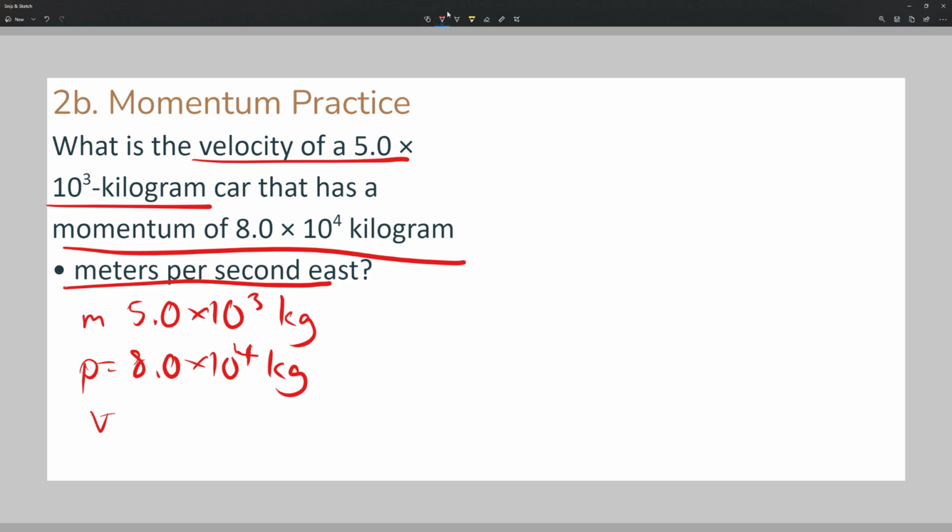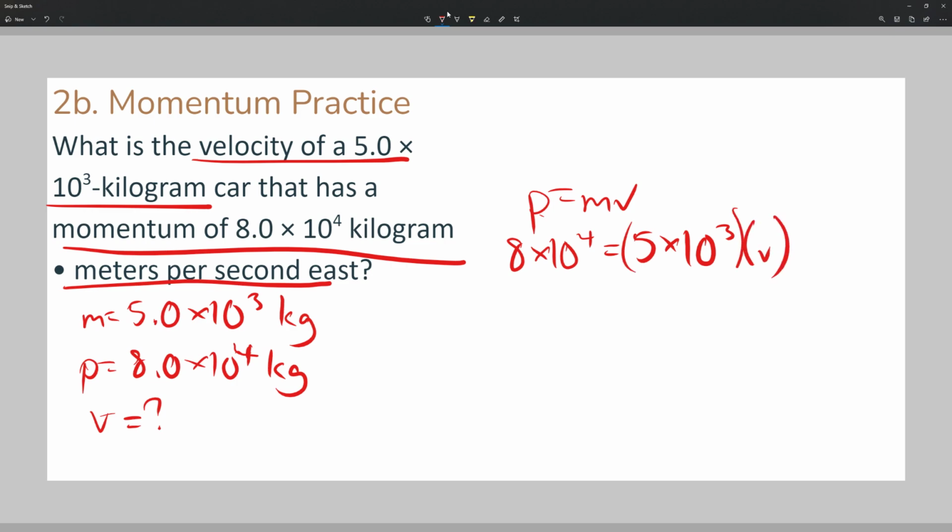So, they're asking you to solve for your velocity. You use this formula: momentum is mass times velocity. Your momentum is 8 times 10 to the 4, which is equal to mass times your velocity, which you're trying to solve for.